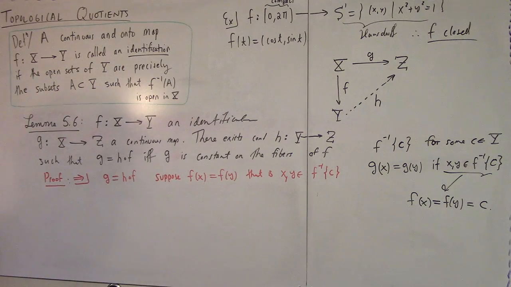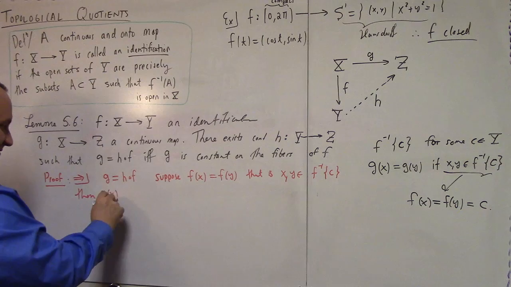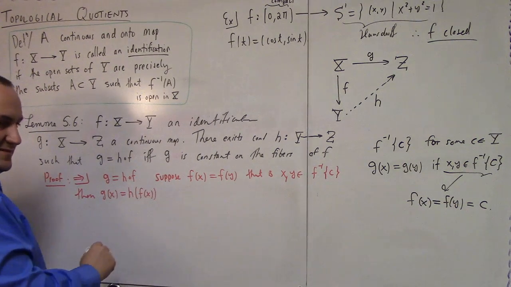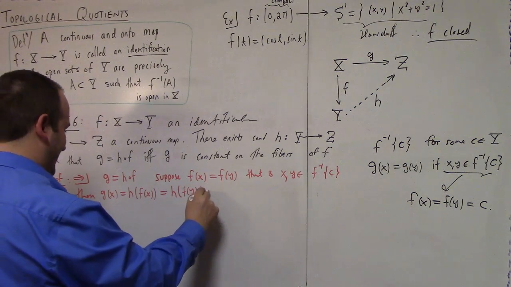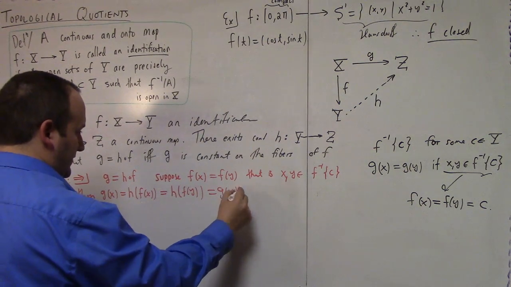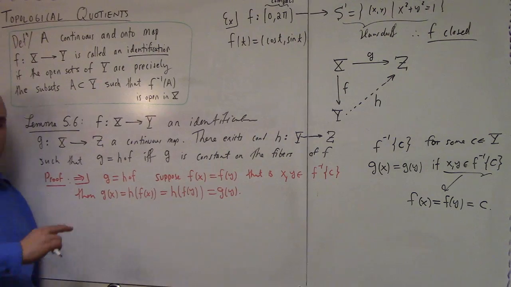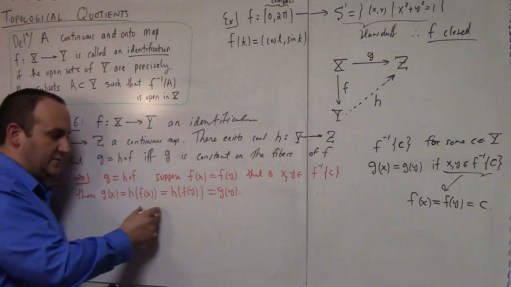Then g of x is h of f of x, which is equal to h of f of y, which is equal to g of y. Done. I am assuming, of course, that h is a well-defined map. The fact that h is single-valued was used here.